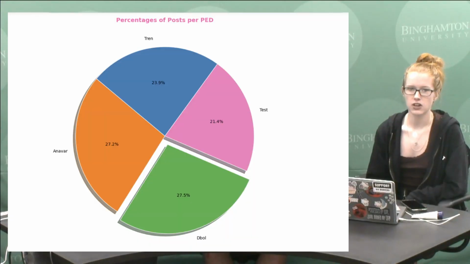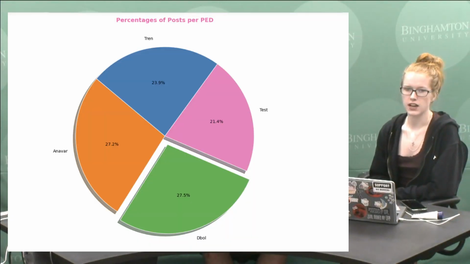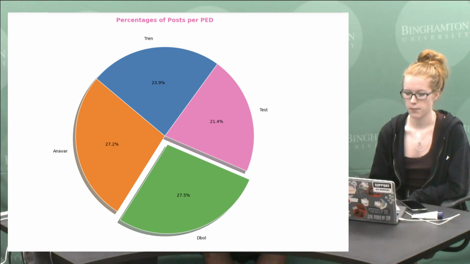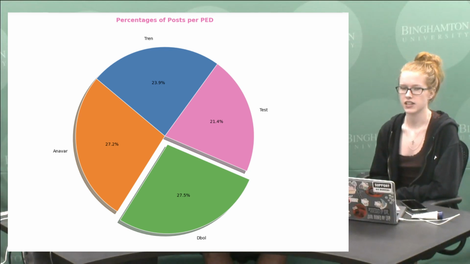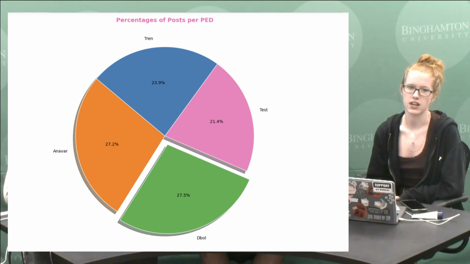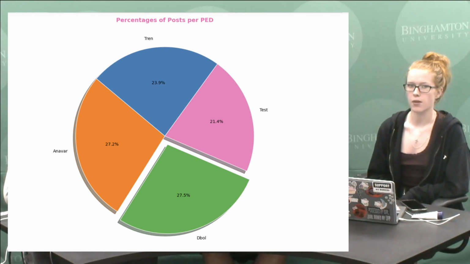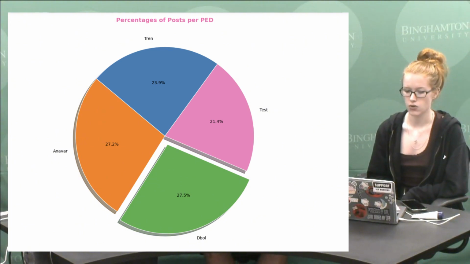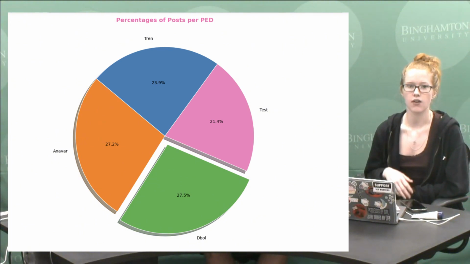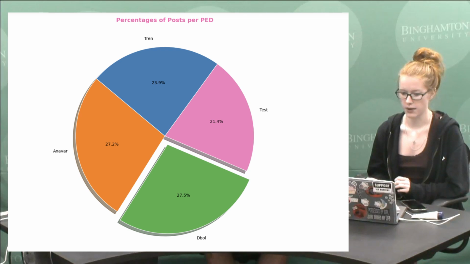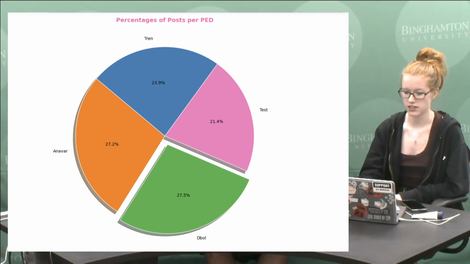After creating that graph, I wanted to find the percentage of each post per PED when searching up performance-enhancing drugs. So when I searched up performance-enhancing drugs and scraped the data from that, I then used that data to figure out which percentage of these posts were talking about each PED that we researched: Anavar, D-ball, trend, and test.